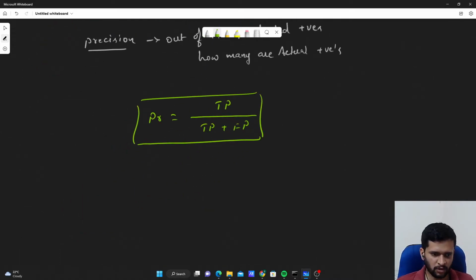Okay. Now coming to recall. Let me write a more general English sentence for recall. It is given by: out of all the actual positives, how many are correctly classified as positives?